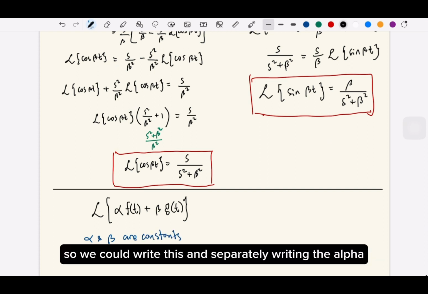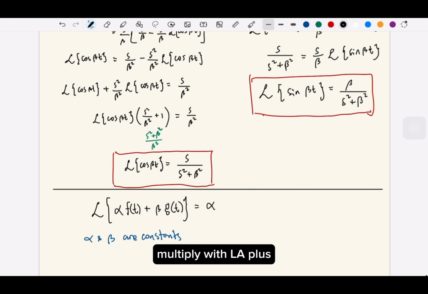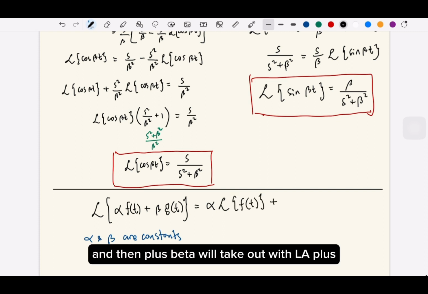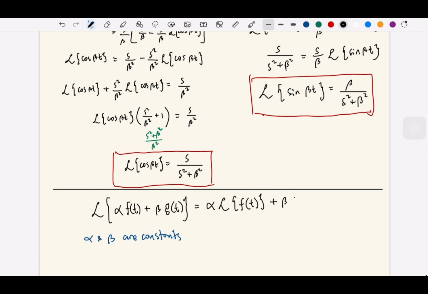So we could write this separately as alpha multiplied with Laplace of f of t, plus beta multiplied with Laplace of g of t.